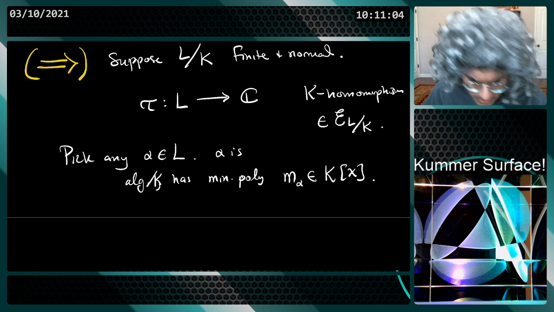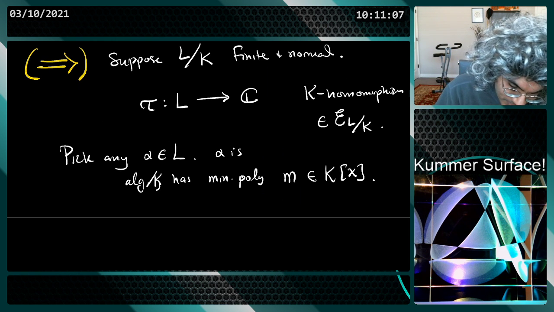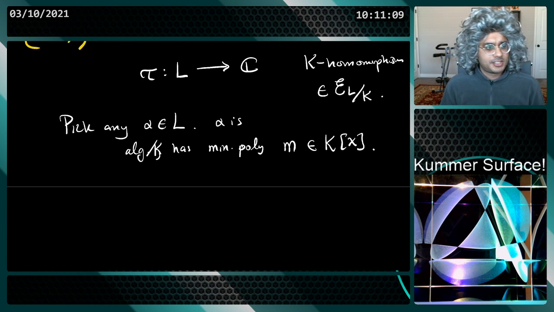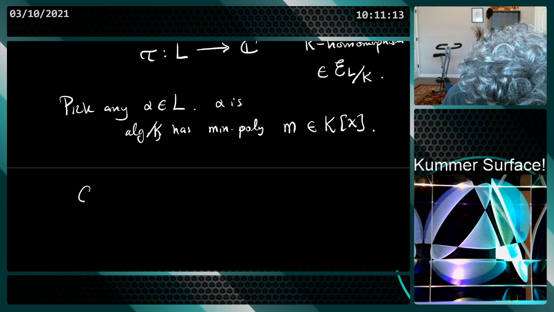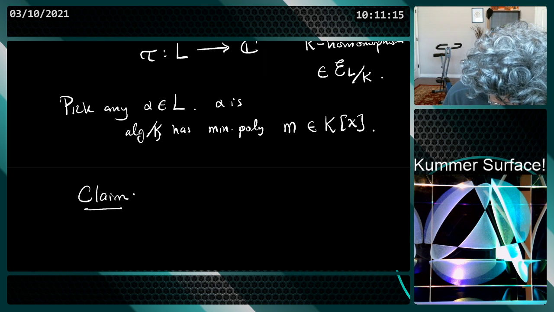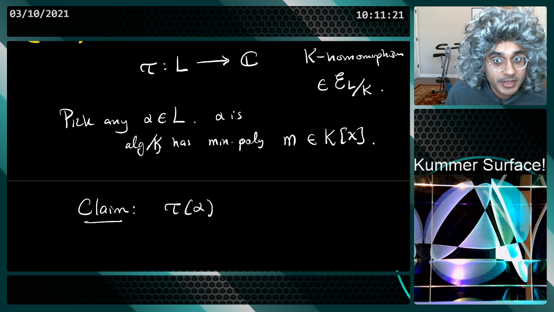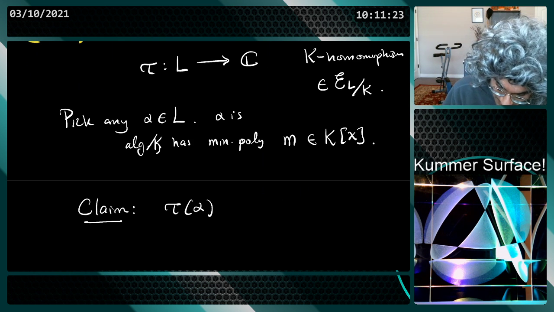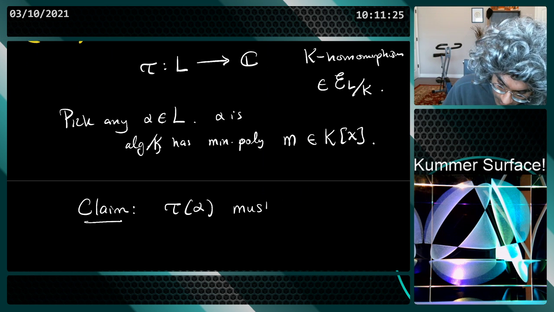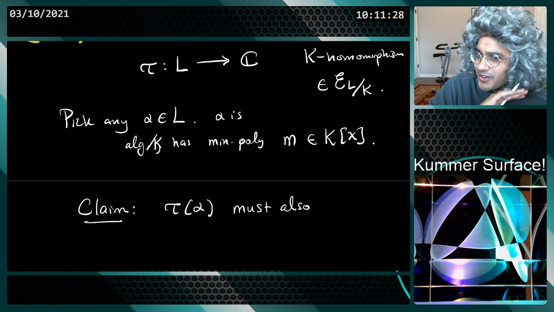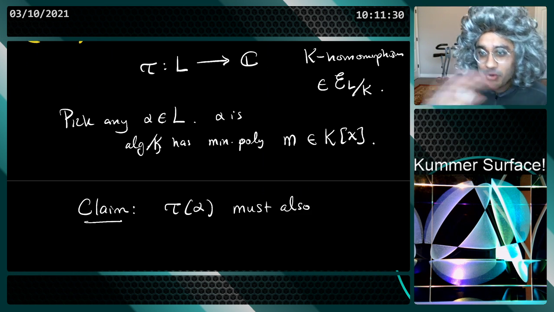Let's just call it M of X. Okay, claim: tau of alpha has to also be a root of M of X. We've seen this sort of thing so many times now.